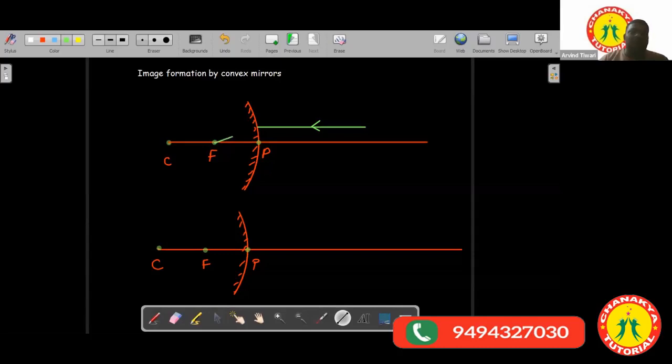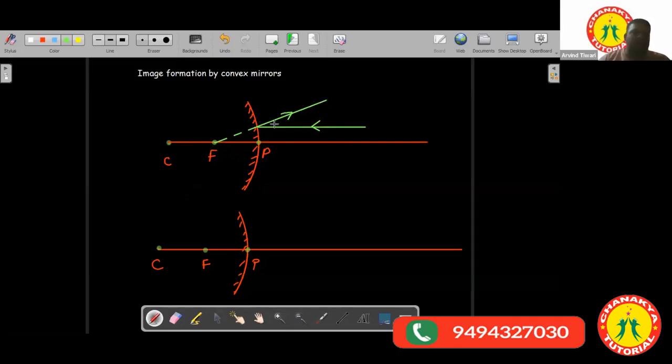So it will go in line of focus. Now, you need to draw this like this, line of focus. So see where the light ray goes. Now, this part, I am just drawing for reference. Actually, the light ray comes like this on the surface of the mirror and bounces back from here, goes like this. It does not come this side, but it goes in the line of focus.